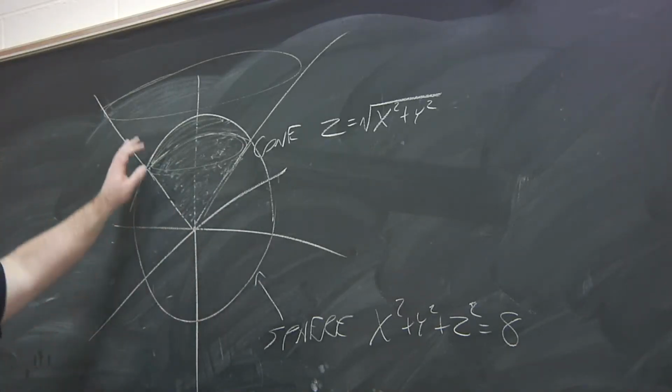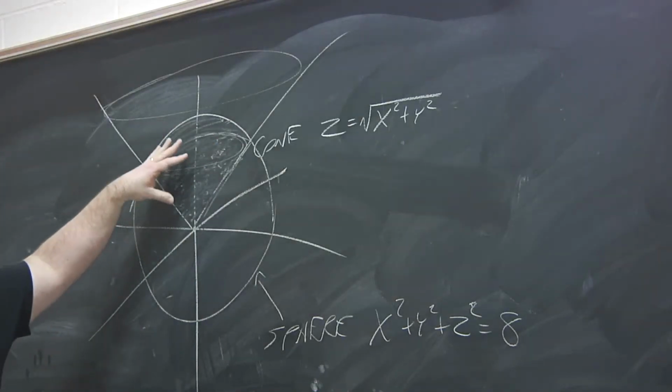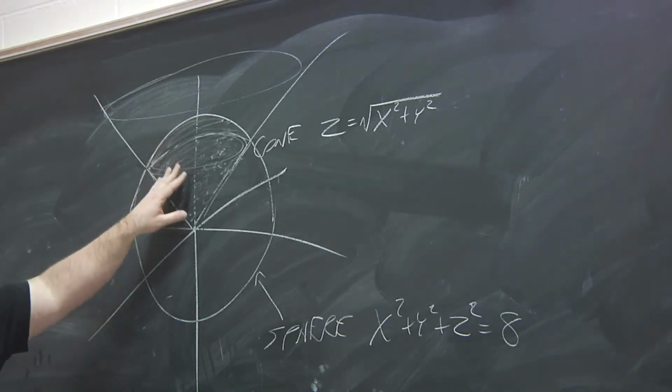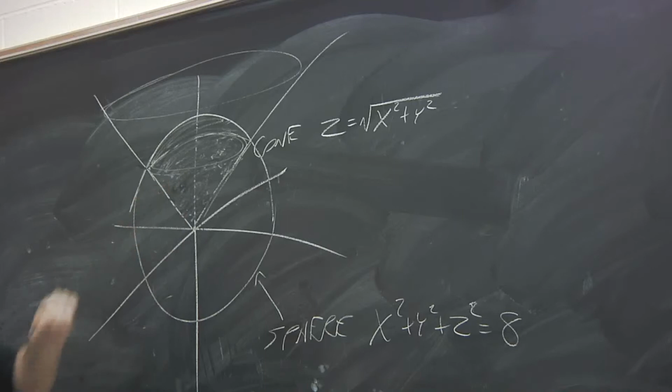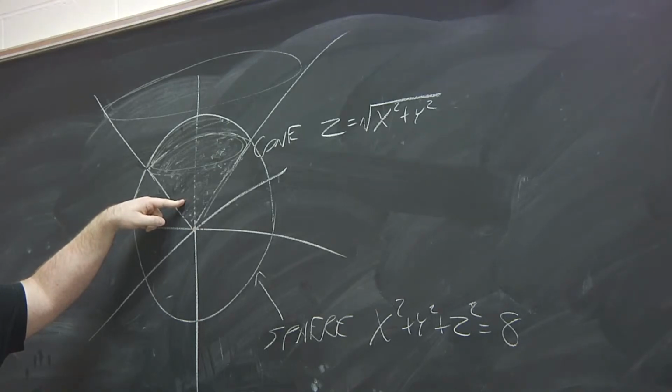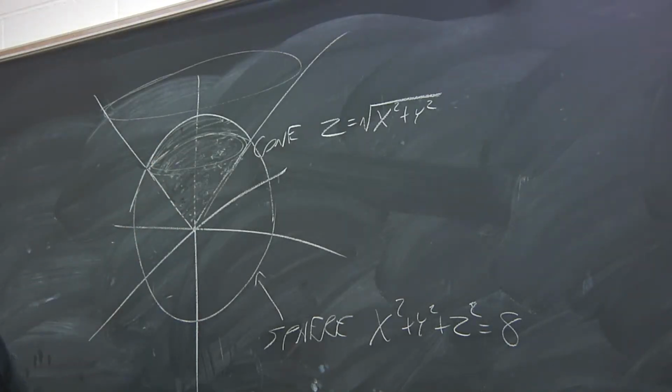It has a circular top. The lower portion of it is cone-shaped. So what we want to do, it's the volume of this solid that we want to compute. So we need to take the difference between this height and the height given by the cone. That's what we're actually going to be integrating over the appropriate region in polar coordinates.